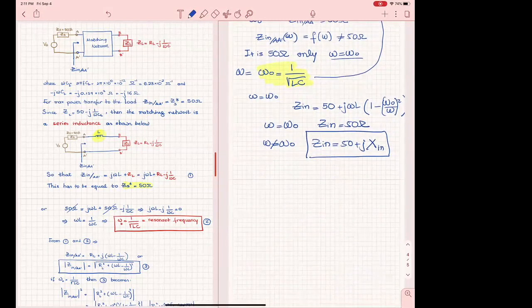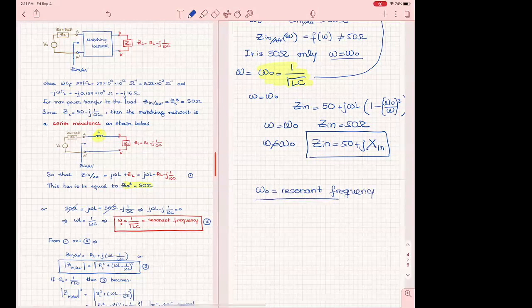Okay? Any questions so far? All right. Because of this particular property in this configuration, we call this frequency omega naught the resonant frequency. And why do we call it the resonant frequency?